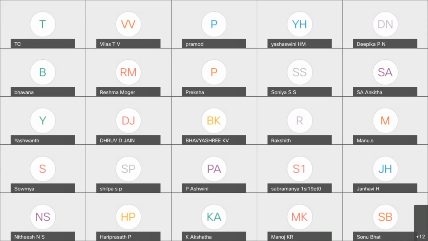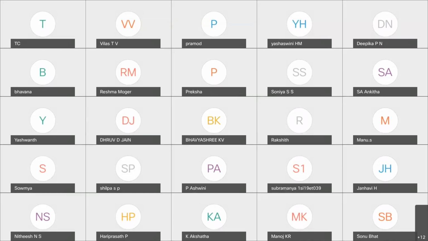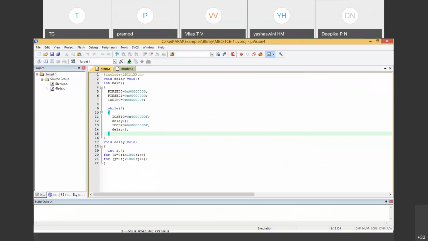If I say, what is visible now? Sir, nothing is visible now. It's coming. Keil MicroVision, the program, sir, is visible. Yes, sir. Right? Yes, sir. Okay. So Deepika, there.